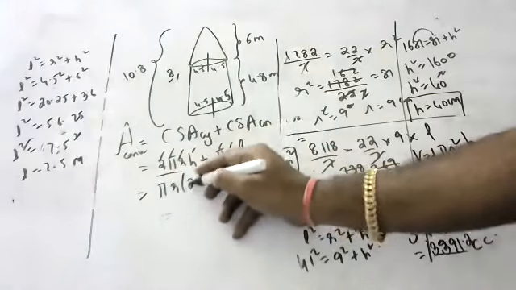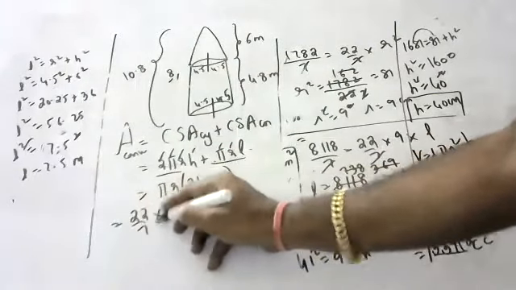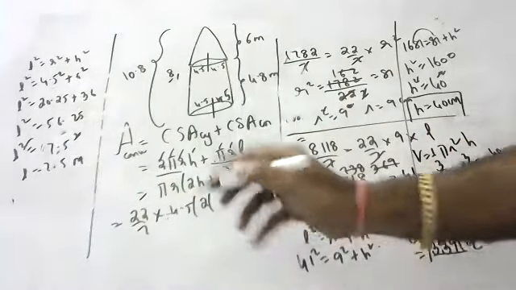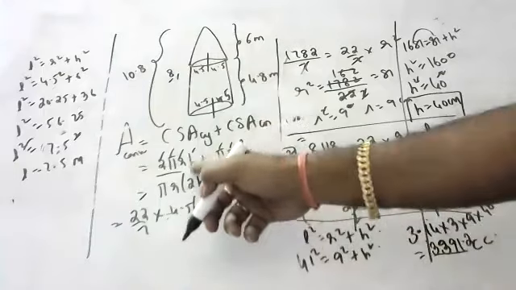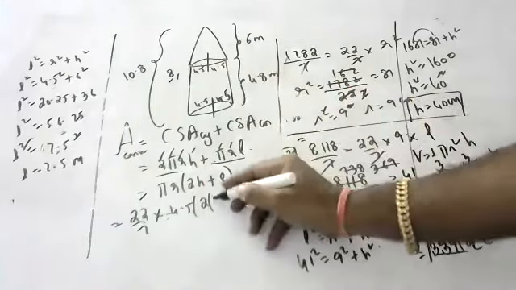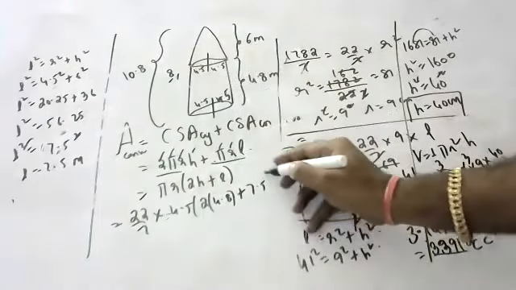Shabash. 2h plus L. So 22 by 7 into 4.5 into 2 into 7.5. Height of the cylinder is 4.8, and slant height of the cone is 7.5.